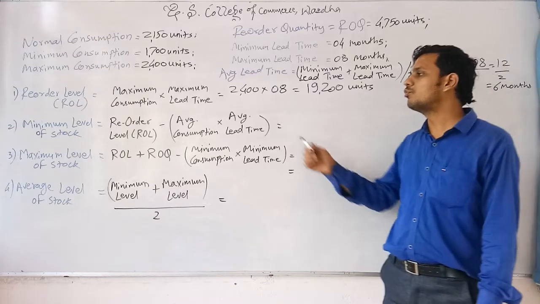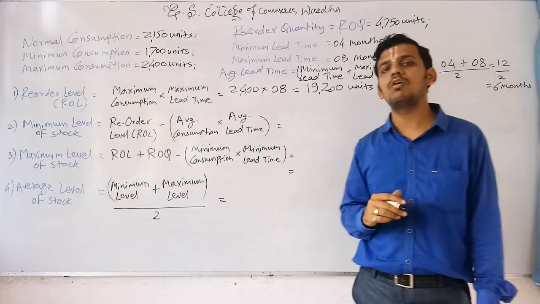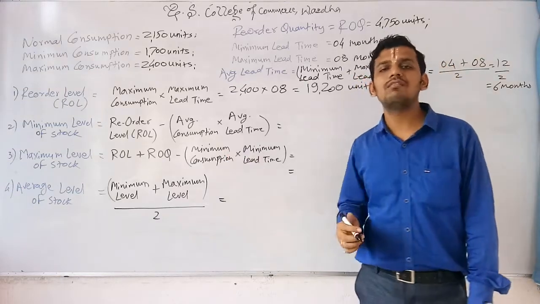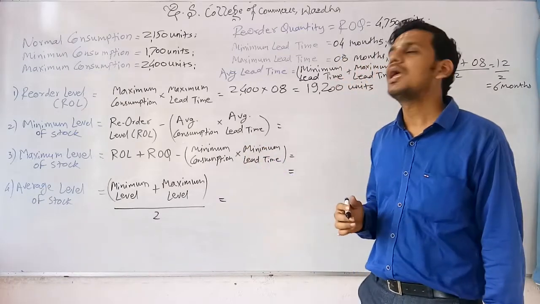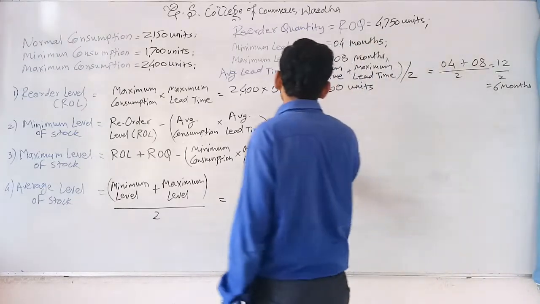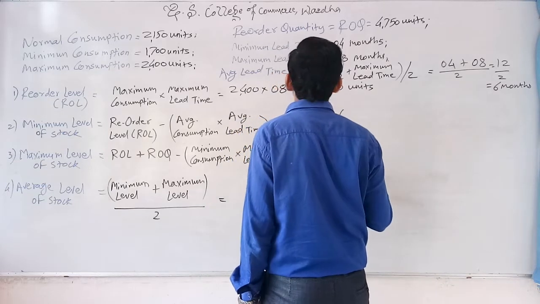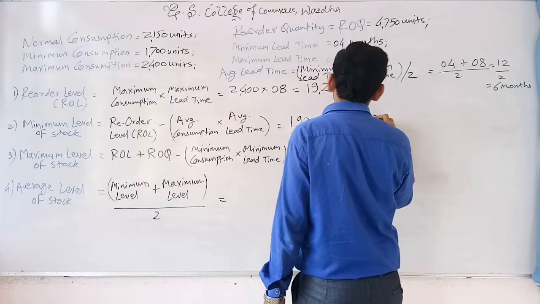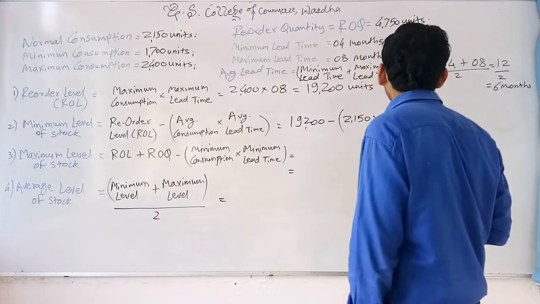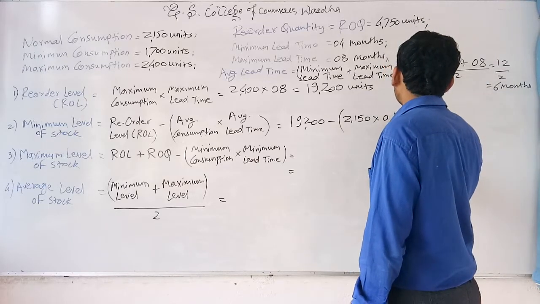Now we have to move towards the minimum level of stock. The formula for calculation of minimum level of stock is reorder level minus, in bracket, average consumption multiplied by average lead time. Reorder level is 19,200 units minus, in bracket, average consumption given as 2,150 units multiplied by average lead time, which we have calculated as 6 months.